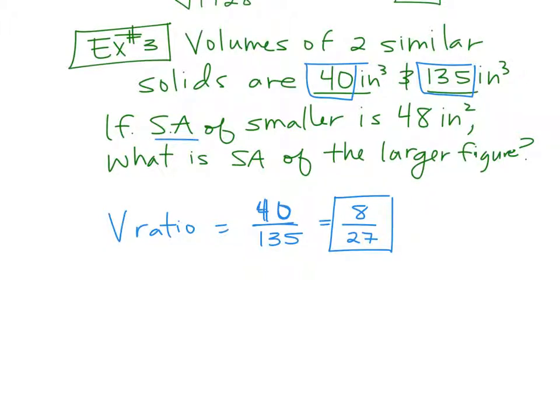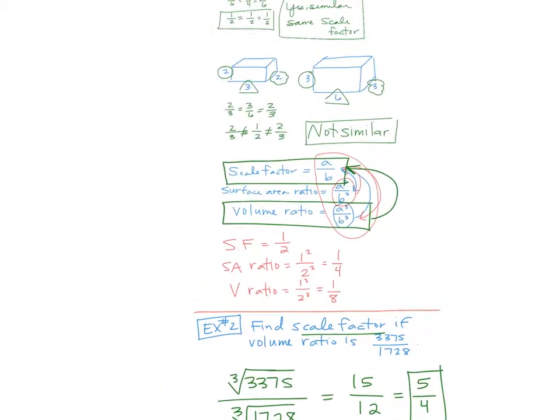But we want to get to surface area. So in order to get to surface area, this is what I was talking about earlier. If we're at volume, we have been cubed. How do I get to surface area? You cube root it. That gets you to scale factor. And then you do what? Then you square it. So I'm just going to bring you back up here real quick.